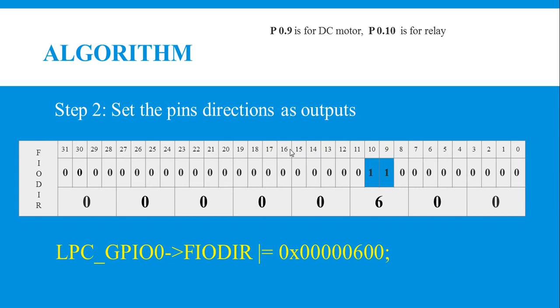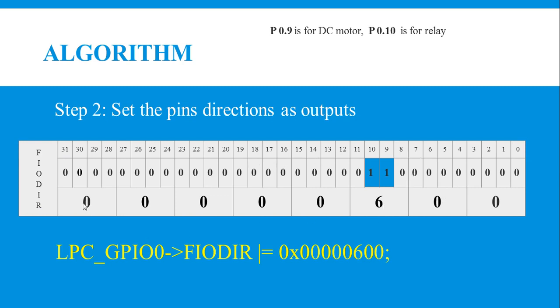Now let us set the direction of the pins. Since your microcontroller needs to send the value through these pins, these two pins must act as output pins. So the corresponding positions of these two pins must be made 1 1 in the FIODIR register, that is the fast input output direction register, and the rest of the pin directions should not be altered.